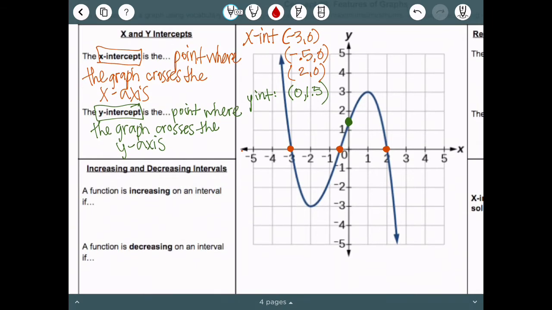So next we're going to talk about increasing and decreasing here. A function is increasing on an interval if the y value increases as the x value increases.